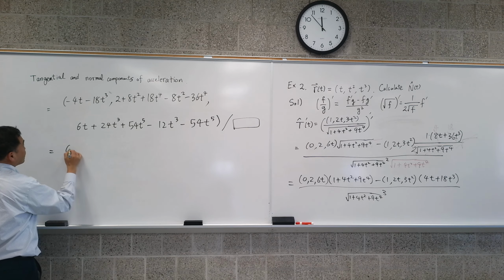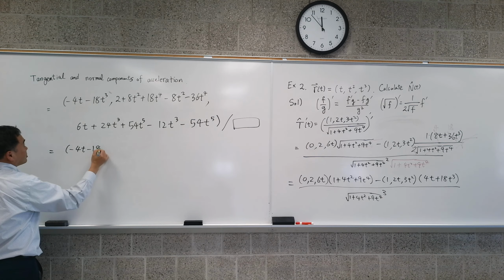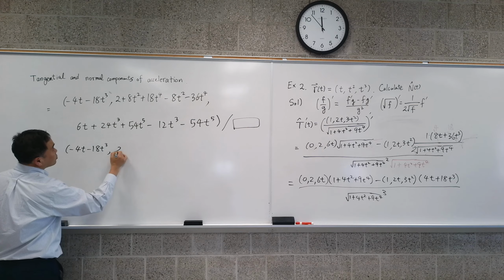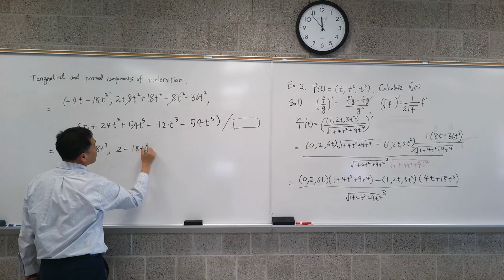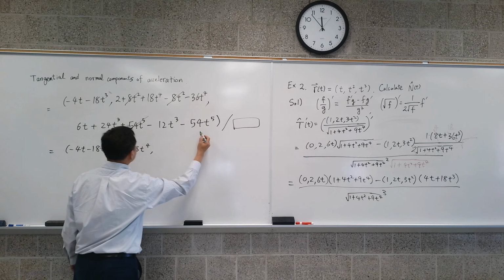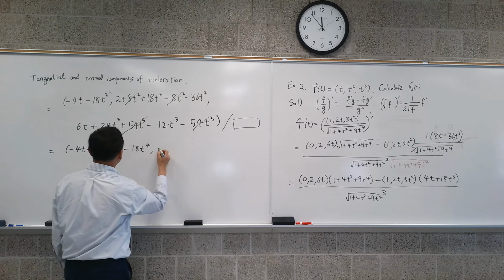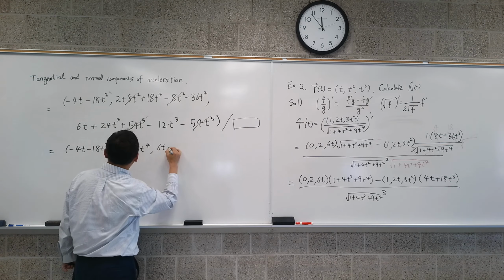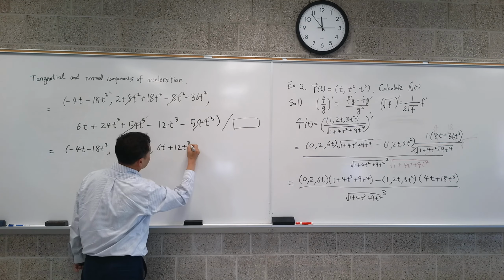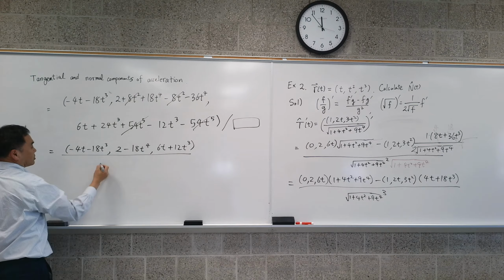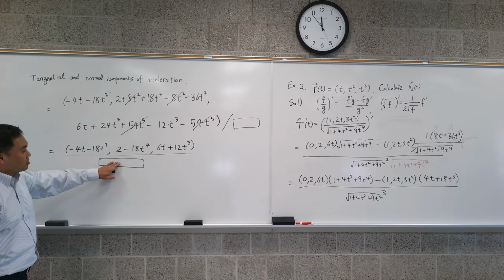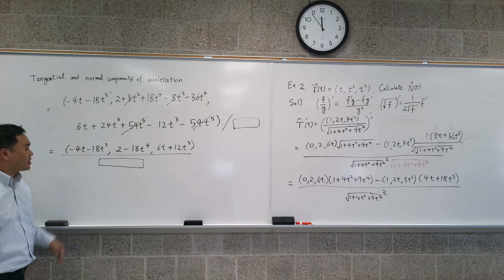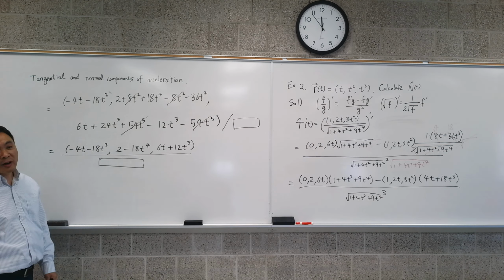So let's simplify. It will be negative 4t minus 18t cubed. 2, these two cancel. 2 minus 18t to the fourth. These two cancel away. And you get 6t plus 12t to the third over something. Now the reason I didn't even bother to write this is, one, because it's just too much writing, but see, you're trying to normalize, right?